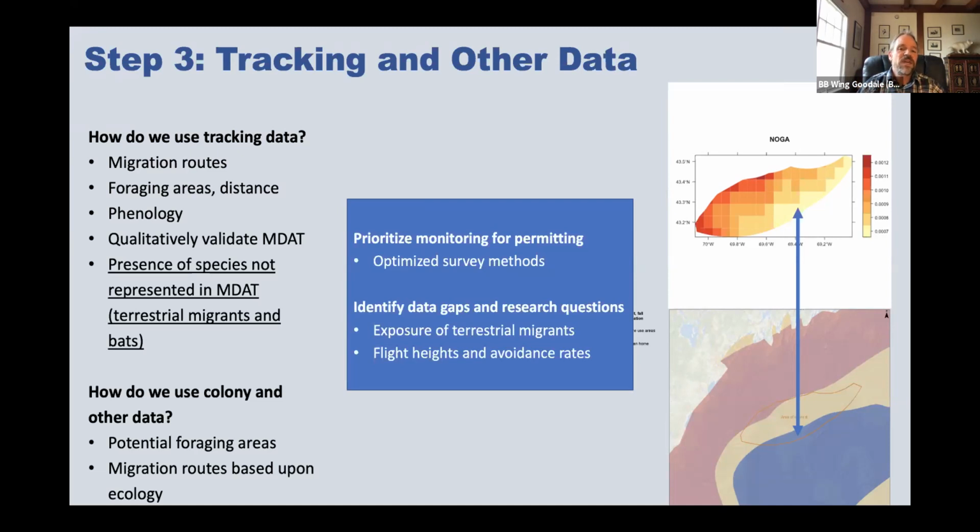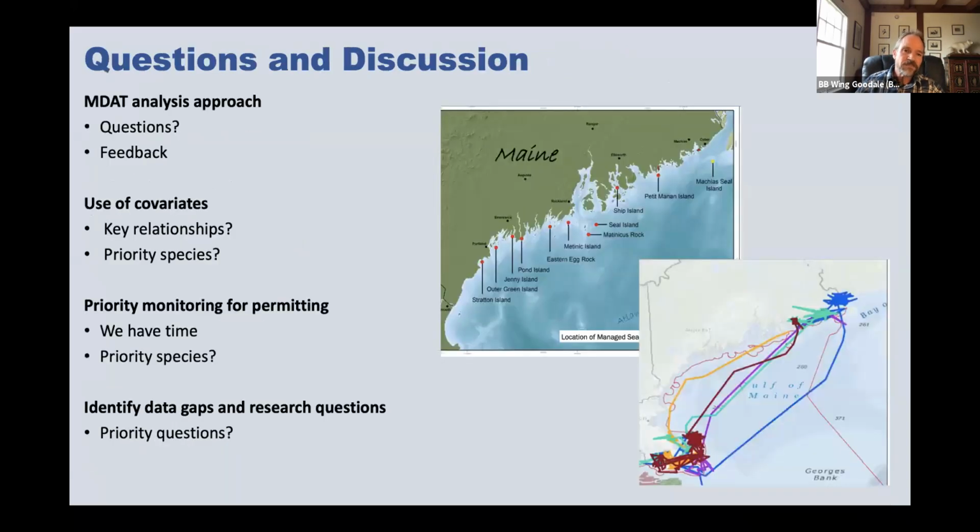It's also useful for identifying data gaps and setting up the research questions, because we know that some terrestrial migrants are out there, but we don't have a very good sense of, say, their flight heights when they are out there. That's some of the greatest utility it can provide.